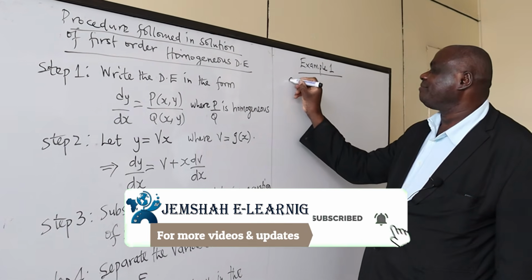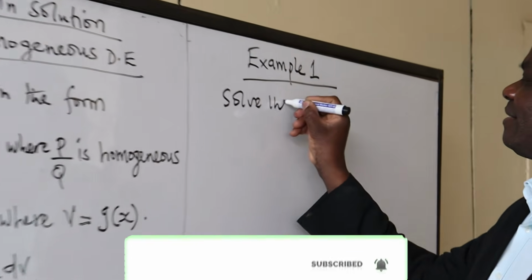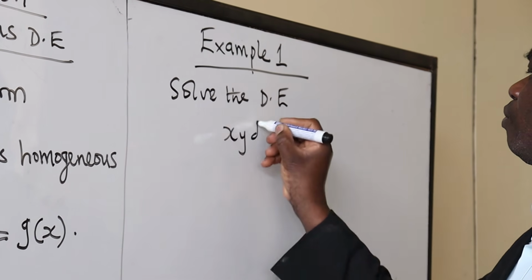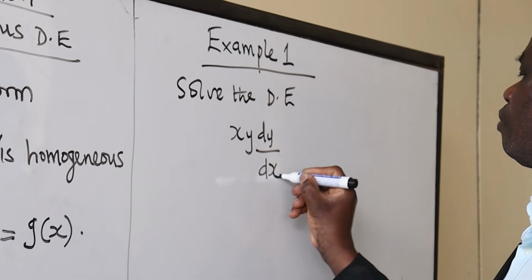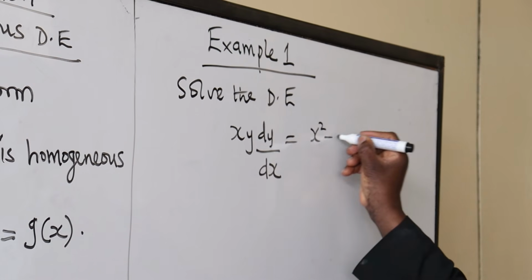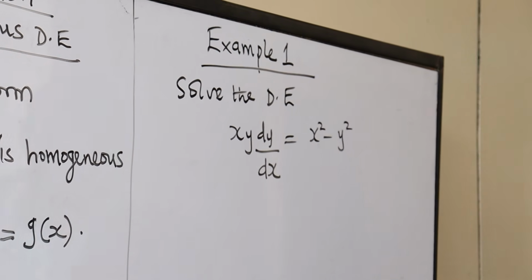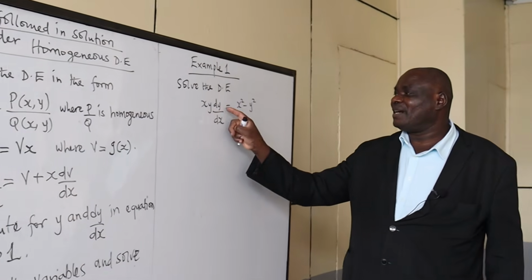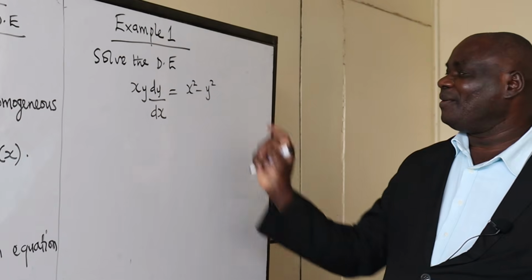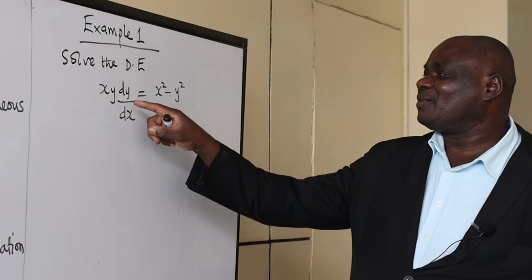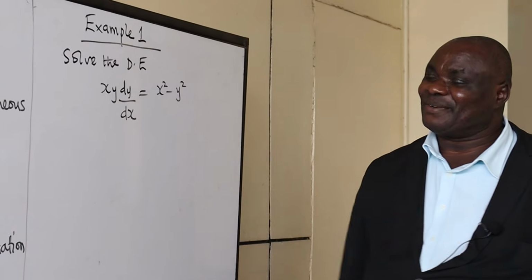Example 1. Solve the DE: xy dy/dx is equal to x squared minus y squared.